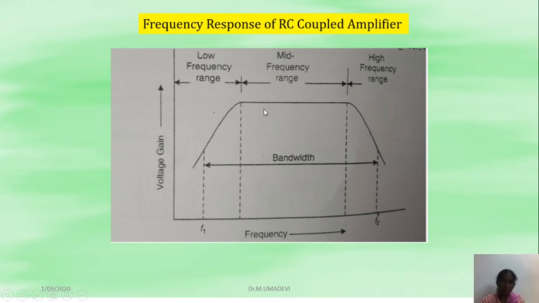That means the voltage gain will be the same even if you increase the frequency. When you increase the frequency, the voltage gain increases a little bit, and at one particular stage, even though you increase the frequency, the voltage gain won't change, it will remain constant. This is called the mid frequency range, mid gain. And this is the high frequency range.